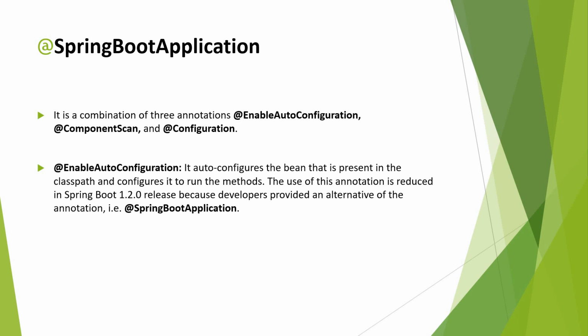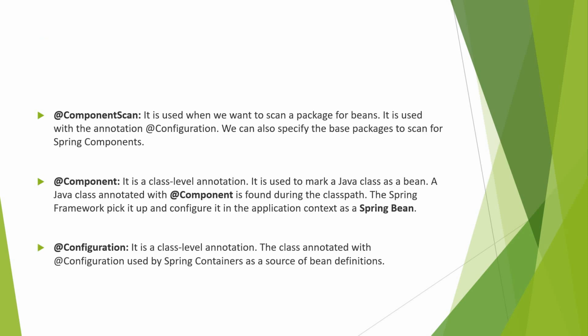The use of this annotation is reduced since the Spring Boot 1.2.0 release, because developers are using @SpringBootApplication rather than @EnableAutoConfiguration individually. That is @EnableAutoConfiguration. We'll move to the next slide.